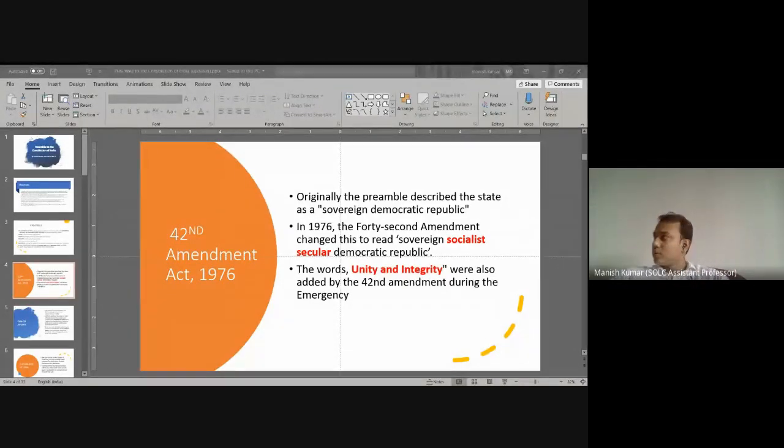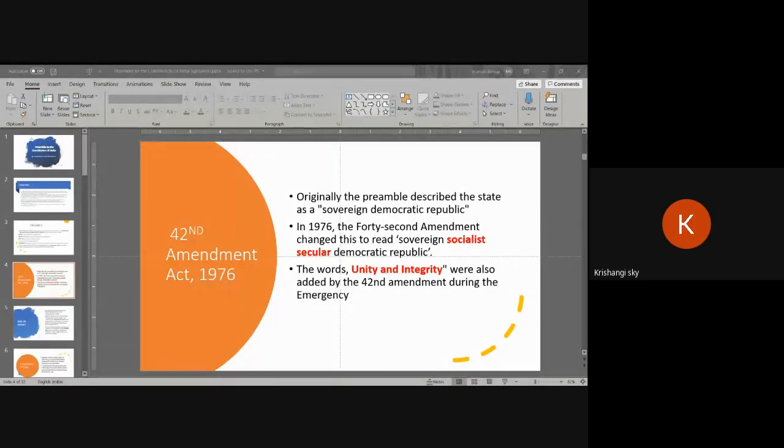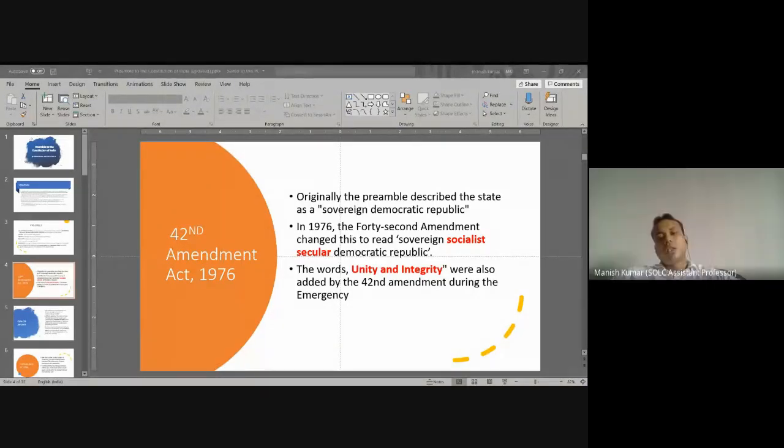That these four came after the 42nd Amendment: socialist, secular, unity, and integrity, inserted in the preamble. Sir, I'm not able to hear you clearly. Can you write in the message? And you check your earplug setting.